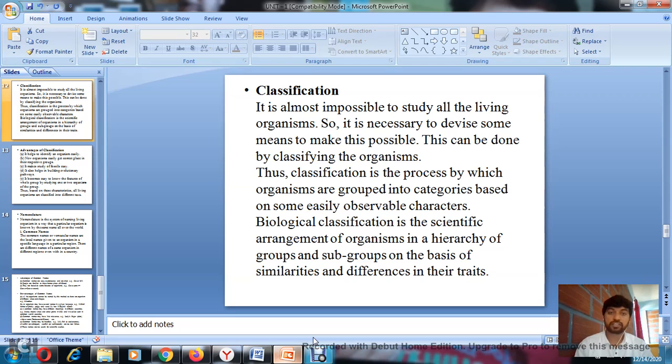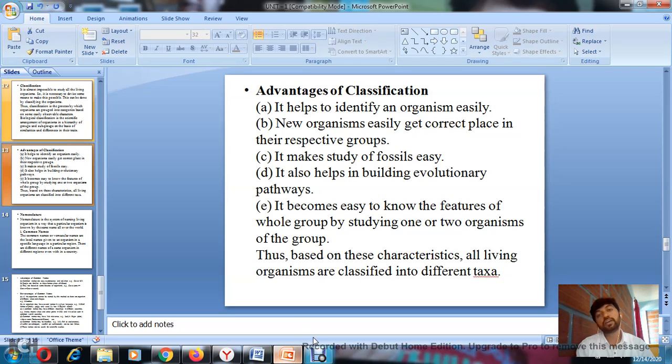Then let us see the next point, the advantages. What is the advantage of classification? The first advantage is that it helps to identify an organism easily. If we see the classification of a particular organism, we will easily identify that it belongs to this particular family. Then it means this organism possesses all the characters which the other organisms of the same family possess, right?